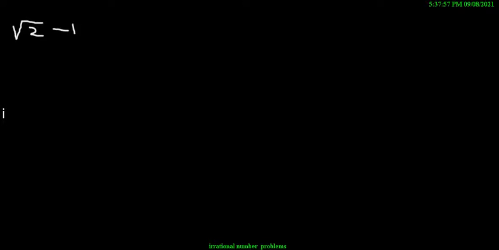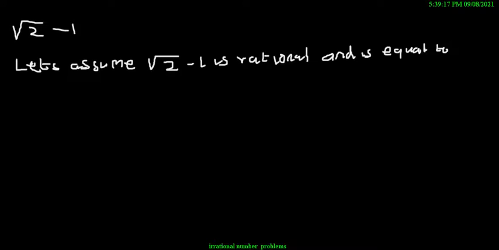In the same way, first we assume that square root of 2 minus 1 is rational and is equal to r. So square root of 2 minus 1 is equal to r.